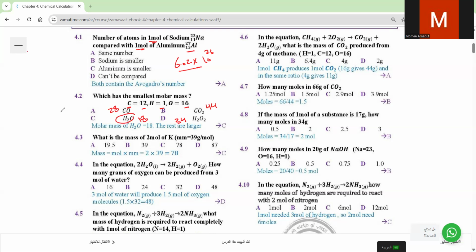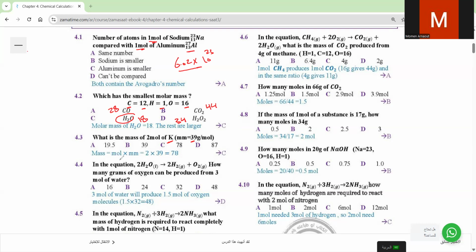Here you have to know that calculating the molar mass of a compound equals the sum of the atomic masses of its atoms. What is the mass of 2 moles of potassium? Remember the triangles that you have drawn. 2 moles of potassium, its molar mass is 39.